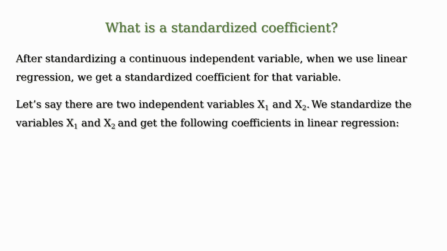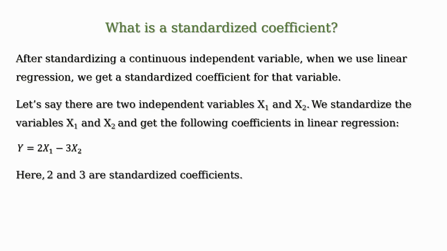We standardize the variables x1 and x2 and get the following coefficients in linear regression. Y is equal to 2x1 minus 3x2. Here, 2 and 3 are standardized coefficients. So, how to interpret standardized coefficients?